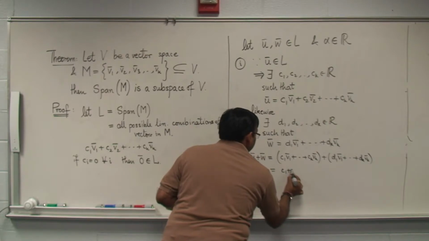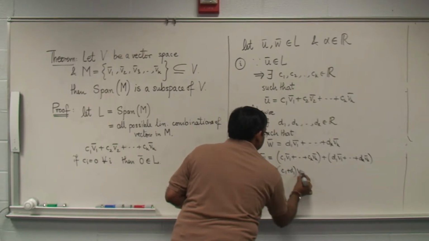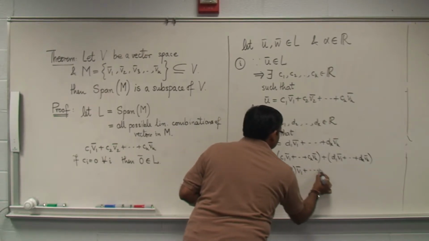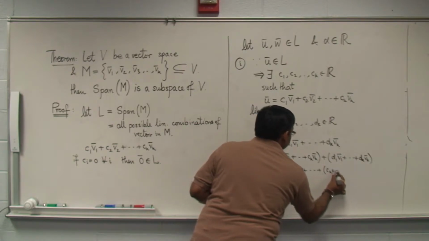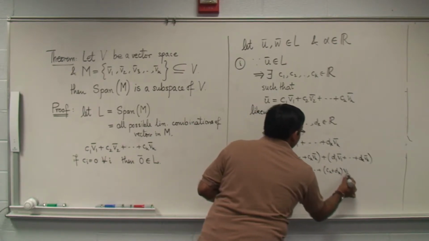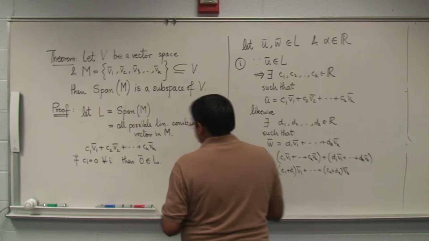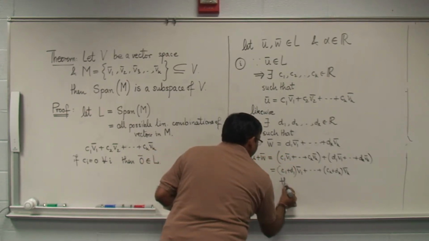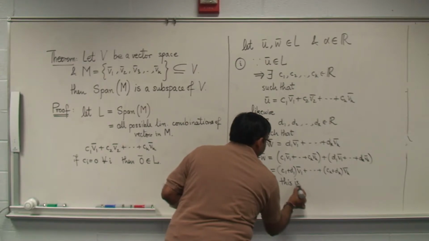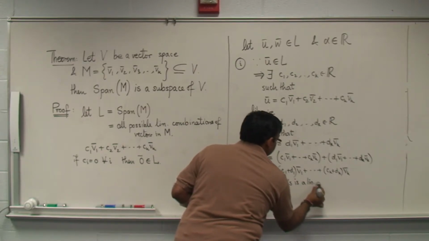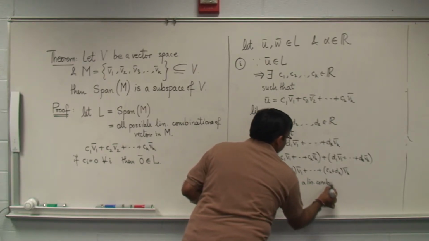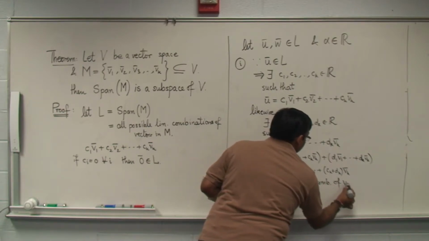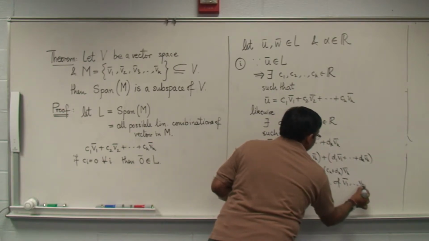And if we do it nicely enough, as you can see, this is a linear combination of these vectors v1 to vk.